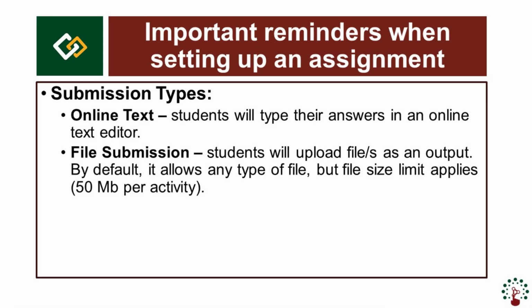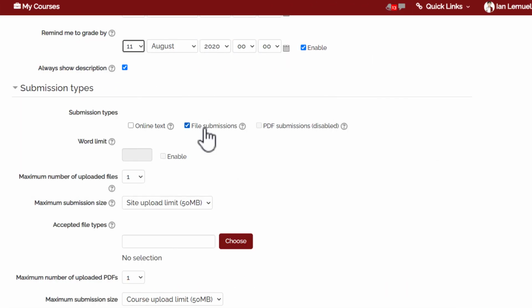File submission means you're requiring students to submit a file as an output, and that file can be any format. So PDF submission currently is disabled, but you can limit the file type under file submission type by changing or specifying a file type here in this field, accepted file types.